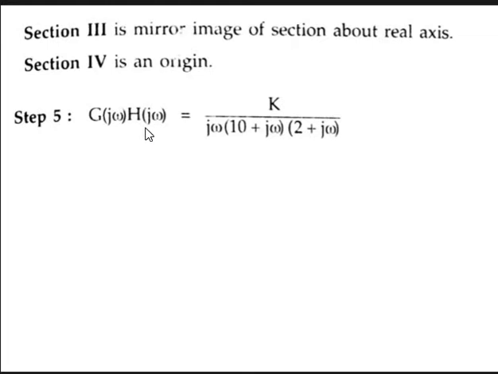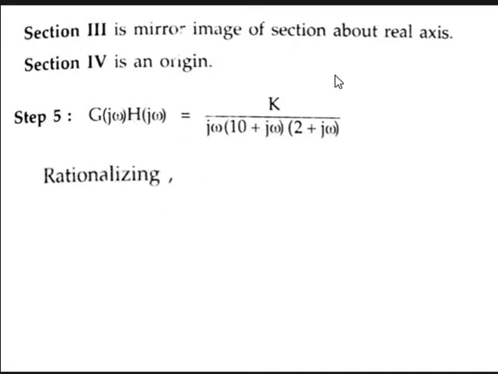Step 5. G of j omega into H of j omega is equal to K by this function. If you want to know where the Nyquist plot intersects the negative real axis, that point is found by calculating the rationalization of G of j omega into H of j omega.